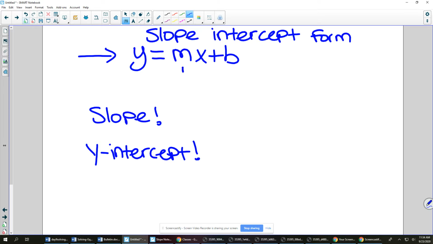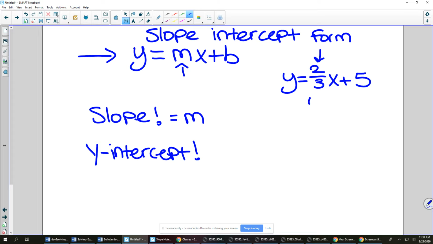So right here, this m is what stands for our slope. So anytime you have an equation, so for instance, y equals 2/3 x plus 5, the number that is attached to the x right here is what your slope is going to be.